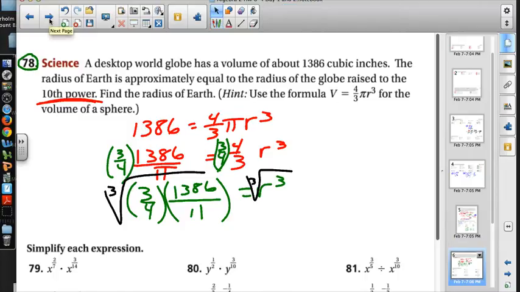So even though you can't see me punching this into the calculator, you'll be able to hear me. And again, I'm going to do the order of operations here. So 1,386 divided by pi. And then I'm going to take that times 3/4 and take the cube root of that answer.